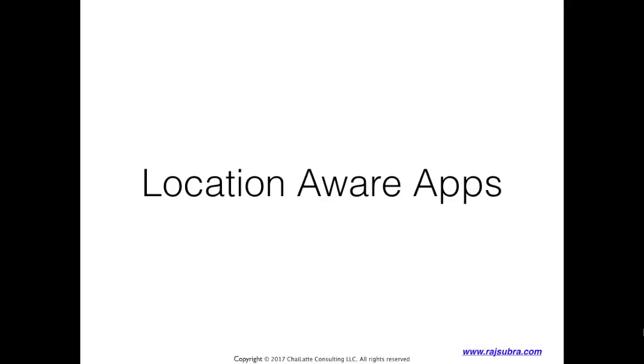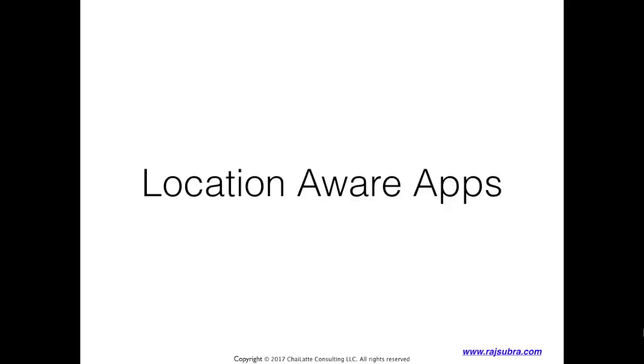Next is location aware apps. Say you have a mobile application and the key feature is to give you information relevant to your location on a specific topic. For example, you're searching for restaurants or searching for flights, then making your mobile applications location aware is really important.